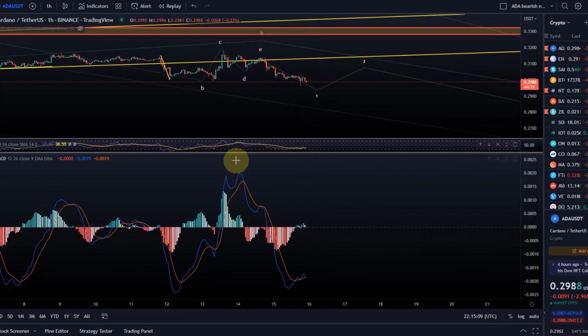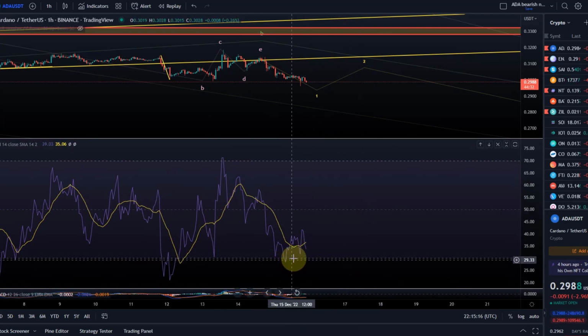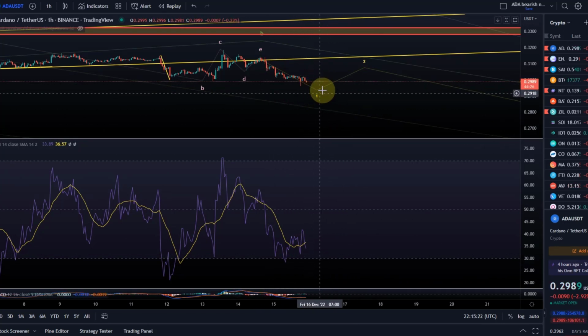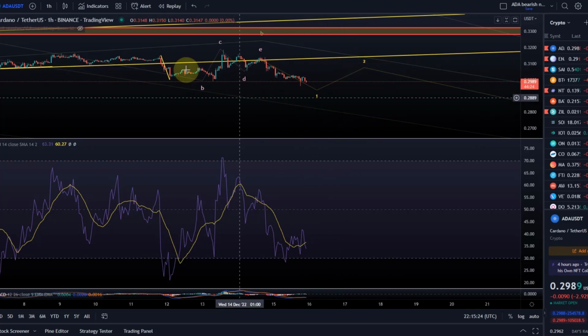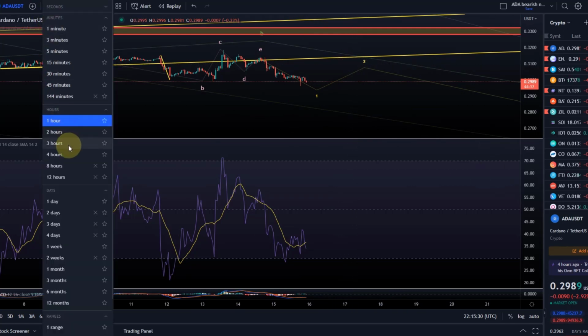It's just putting in a bearish crossover here. And the 1 hour could also still drop a bit more. You'll see a little bit of a bullish divergence here, but we don't really see any reaction in the price, so it might drop a little bit further before we see that wave 2 reaction. But don't be surprised if we suddenly get a wave 2 reaction that might come back to 30.5 cents before we come down in wave 3.